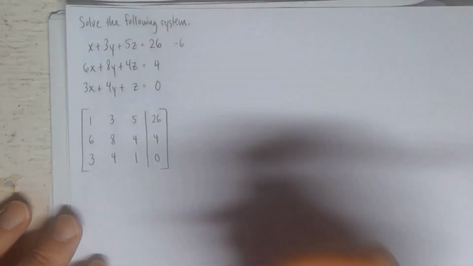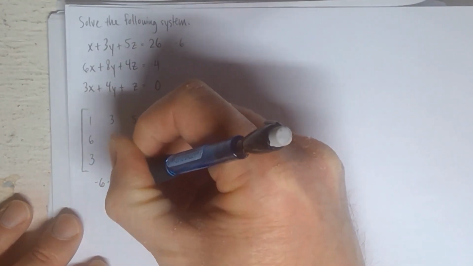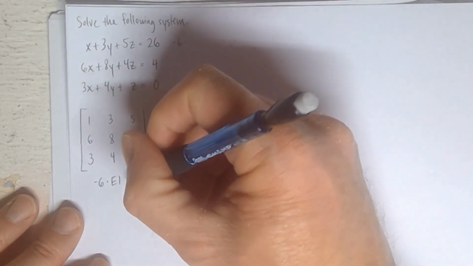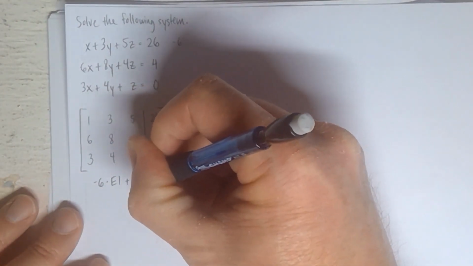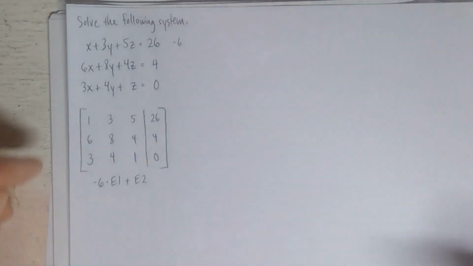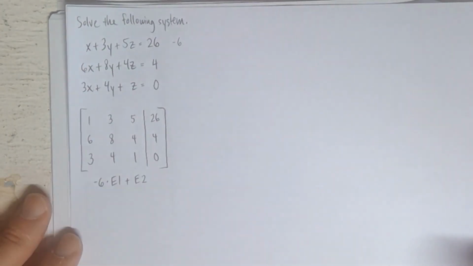So with that in mind, we're going to do -6 times the first equation, E1. And then after that, we're going to add that result to the second equation. I'm not going to multiply anything by the second equation this time, because if I do the -6, it'll already be opposite signs. 6 and -6, that's what we want.